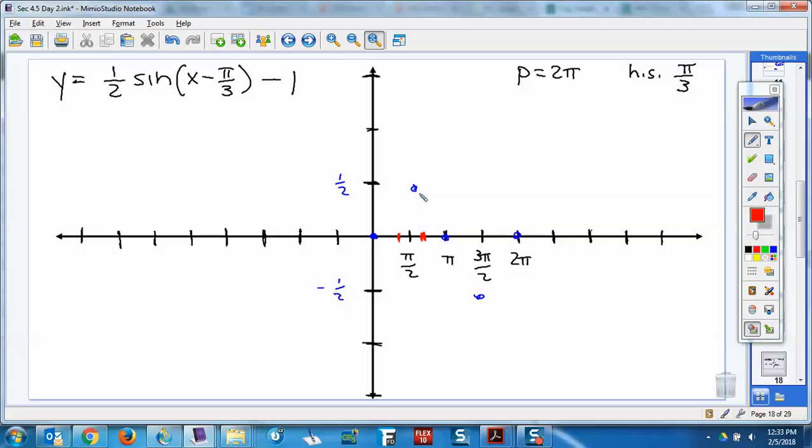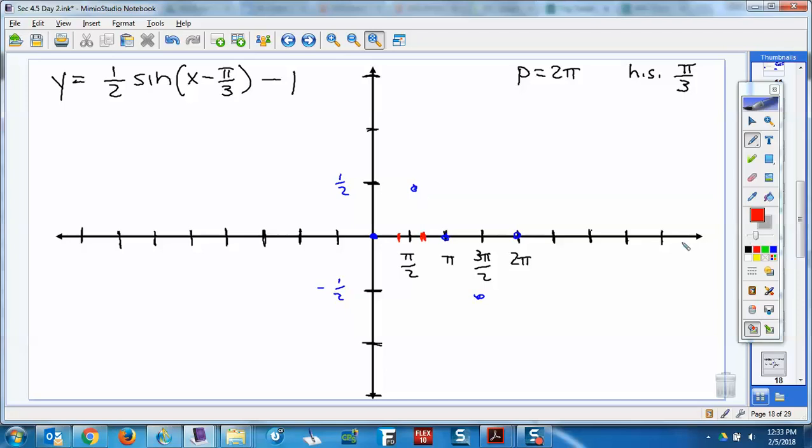Yeah, I think you're right. 5 pi over 6, because pi thirds is 2 pi over 6, and pi halves is 3 pi over 6. Add those together, that's 5 pi over 6. Well, that's not one of these red marks. This would be pi thirds, this would be 2 pi thirds, and 5 pi over 6 would be right here. You see what I mean? All of a sudden it gets complicated finding exactly where to go with those marks, and it's not going to be good enough to say it'd be about here. We're going to do better than that.